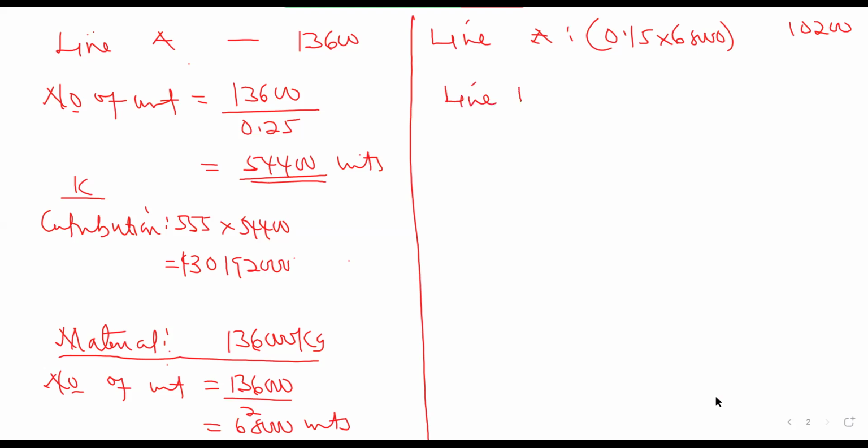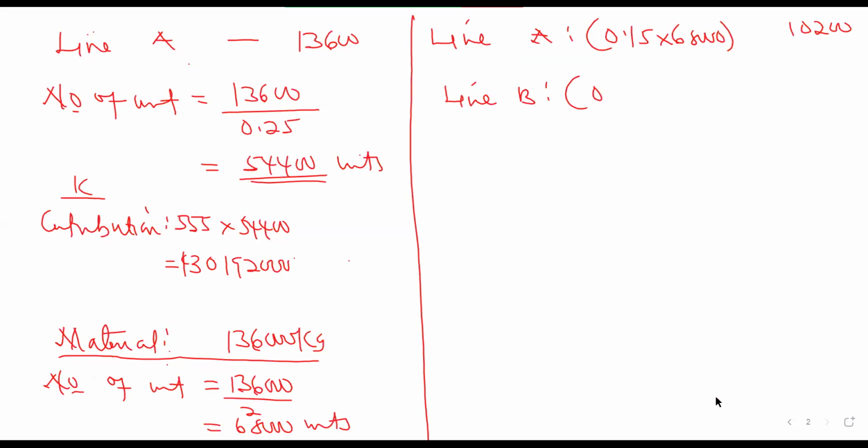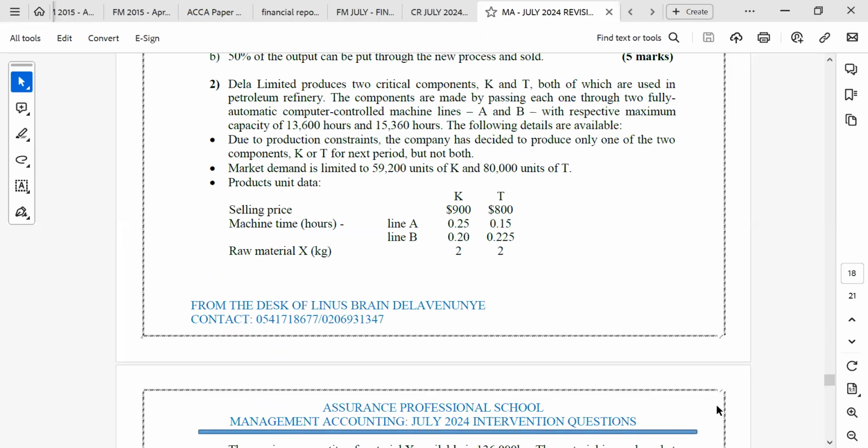Let's count to line B. Line B will be 0.225 multiplied by 68,000. What are we having? 15,300. Do we have the hours available to produce product T also? Yes. Okay, we can produce now, isn't it?